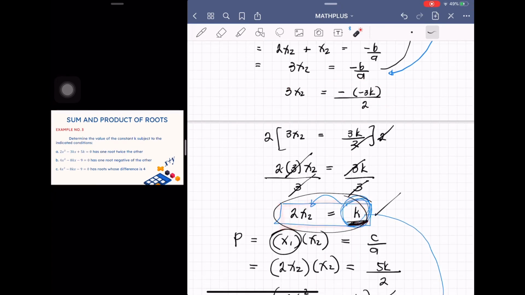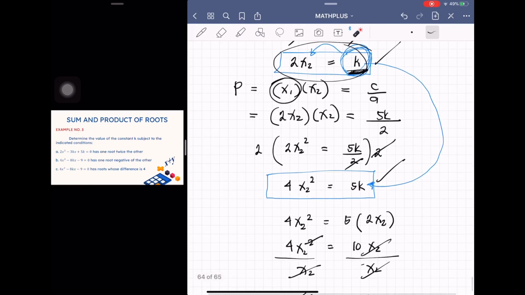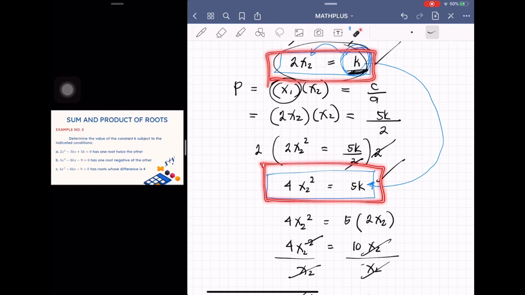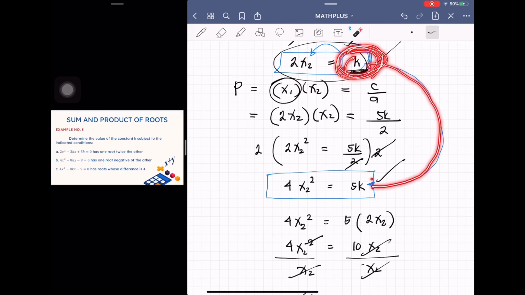After that, I used the other principle, which is product of the roots. That's x sub 1 times x sub 2, which is equivalent to c over a. I did the same thing, simplified the left side, substituted the values for the right side, simplified the equation, so I get this one. After being able to get two equations with two unknowns, x sub 2 and k appearing on both equations, I used one of these relationships to substitute into the other equation.